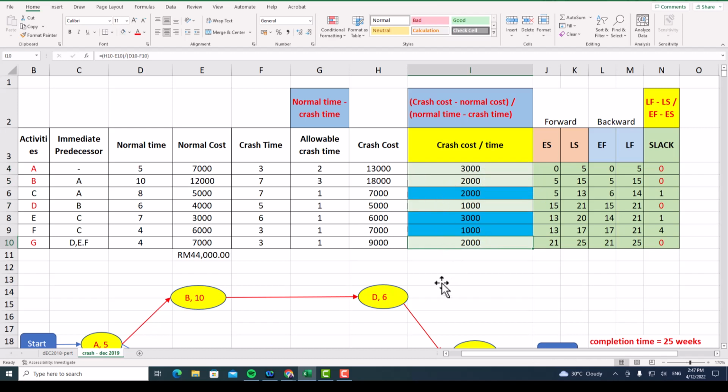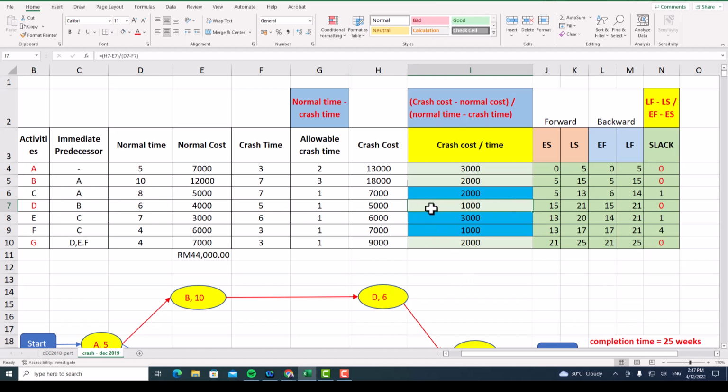The next step is you need to identify which of these 4 critical activities has the cheapest cost. From here, definitely 1,000, which is under activity D, is the cheapest compared to the other activities.